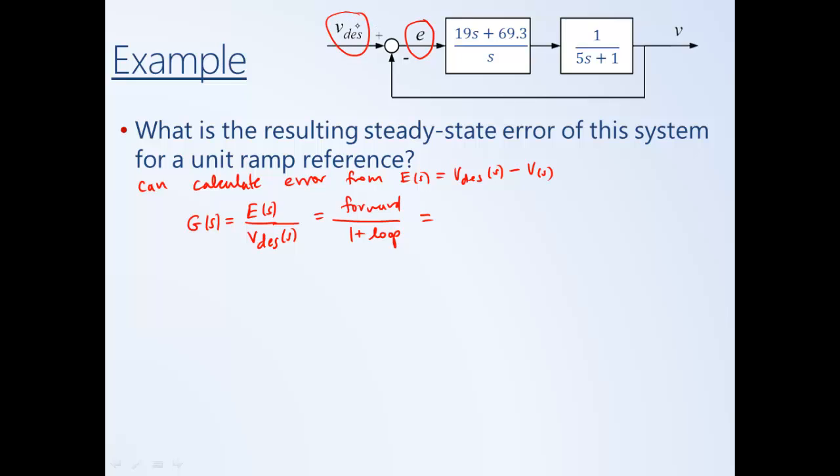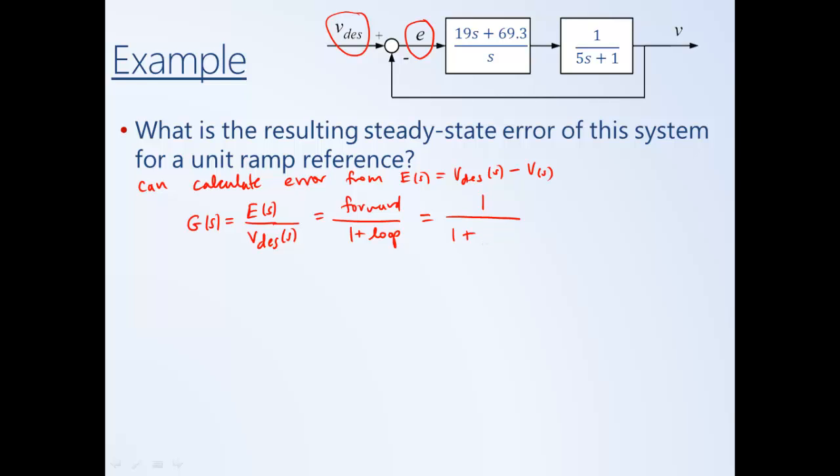If V desired is our reference and E is our output, and we look at the forward path from that input to that output, you'll see there's basically nothing in the path. So our forward path is in essence just 1. And then our loop includes these two blocks. So the forward path is 1, that's in the numerator.